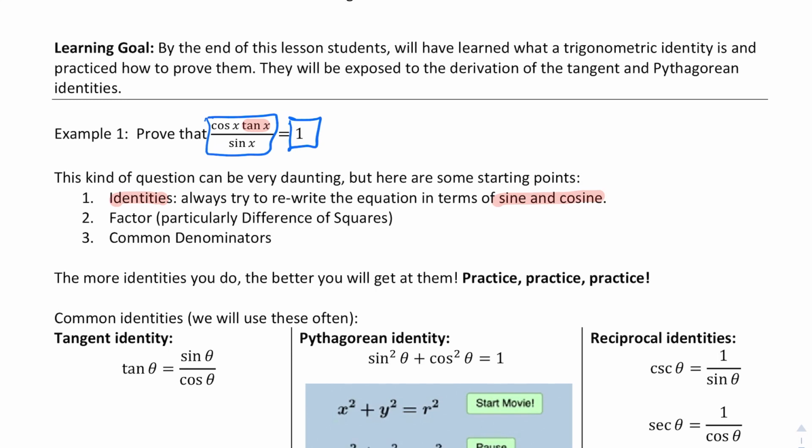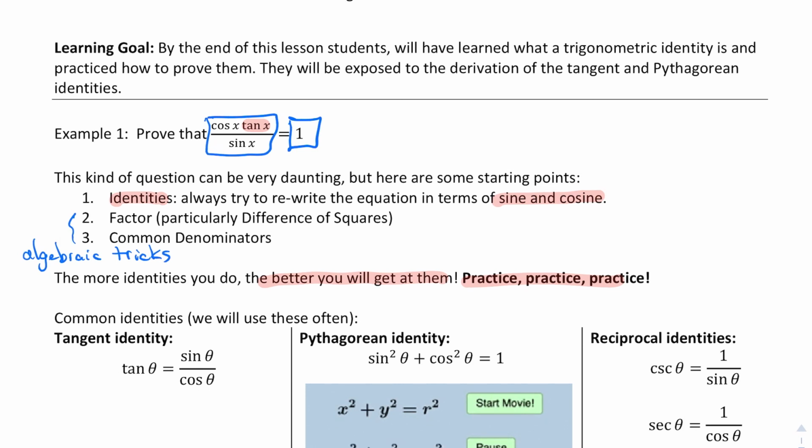So what we need is something I can replace tan x with, which we'll see in a second. The other things that we're going to do are basically just algebra. All of these things are just algebraic tricks. And the more you do these things, the better you're going to get at them. And obviously we're going to practice a bunch.